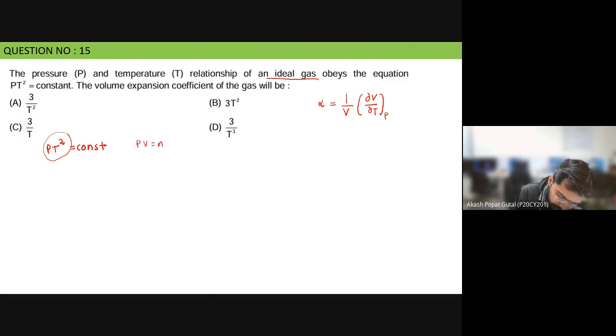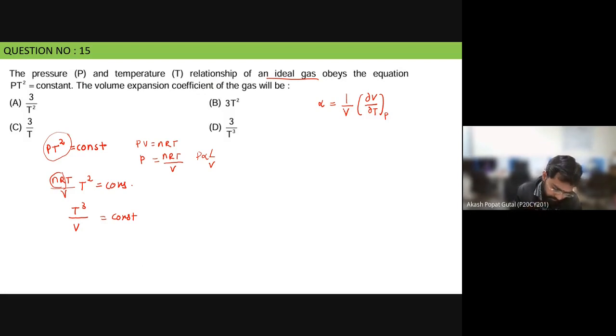We know PV is equal to nRT, so P is nRT by V. This is the constant, which means P is inversely proportional to V. So in general, nRT by V times T square is equal to constant, which gives you T cube by V. If we transfer nR to this side, that will also become constant. T cube by V is constant. Fine.